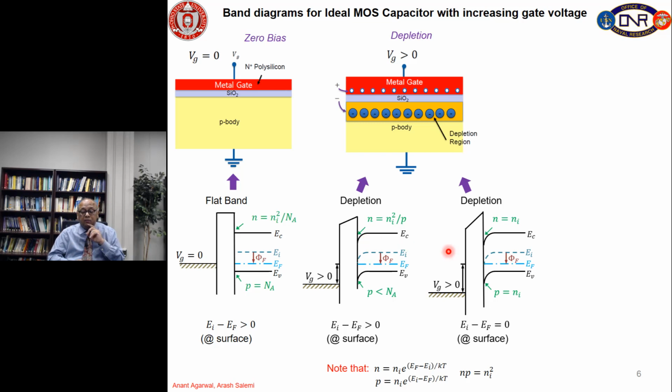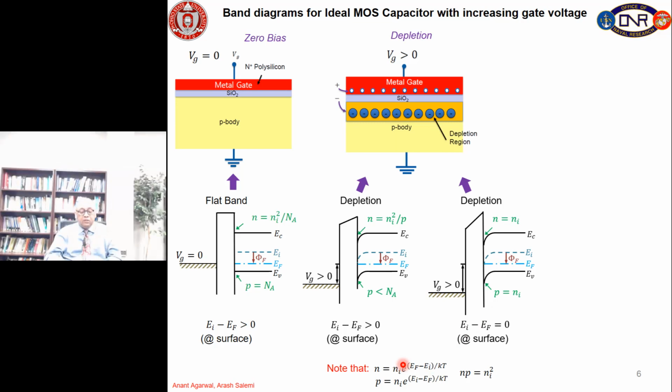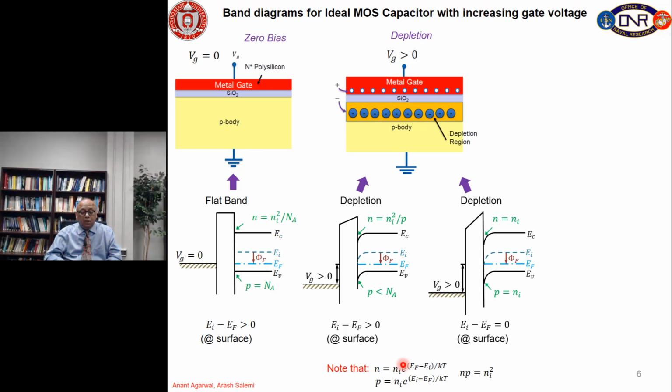Then here we have increased the voltage a little more, and in this case EI minus EF is equal to 0 at the surface. So, if EI minus EF is equal to 0, then electron concentration is equal to the hole concentration.